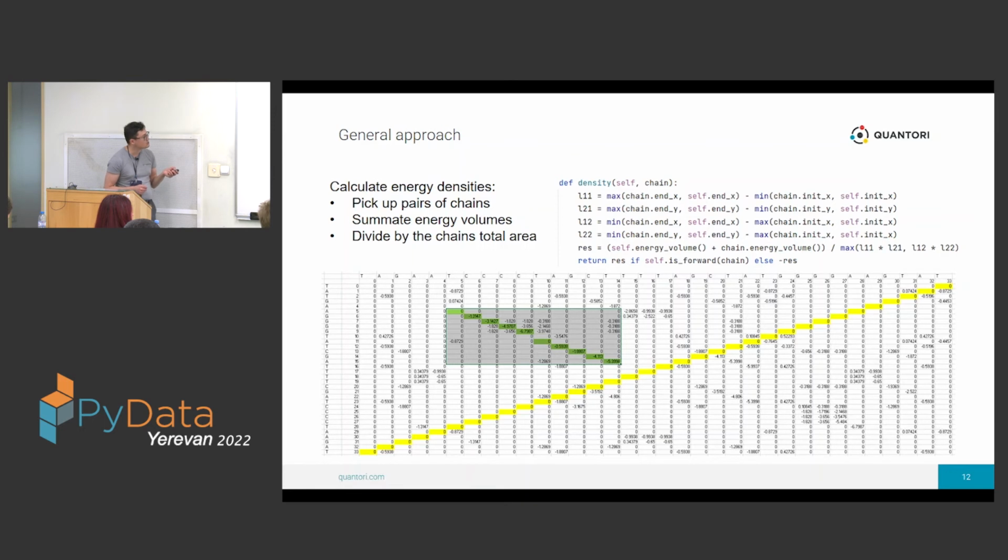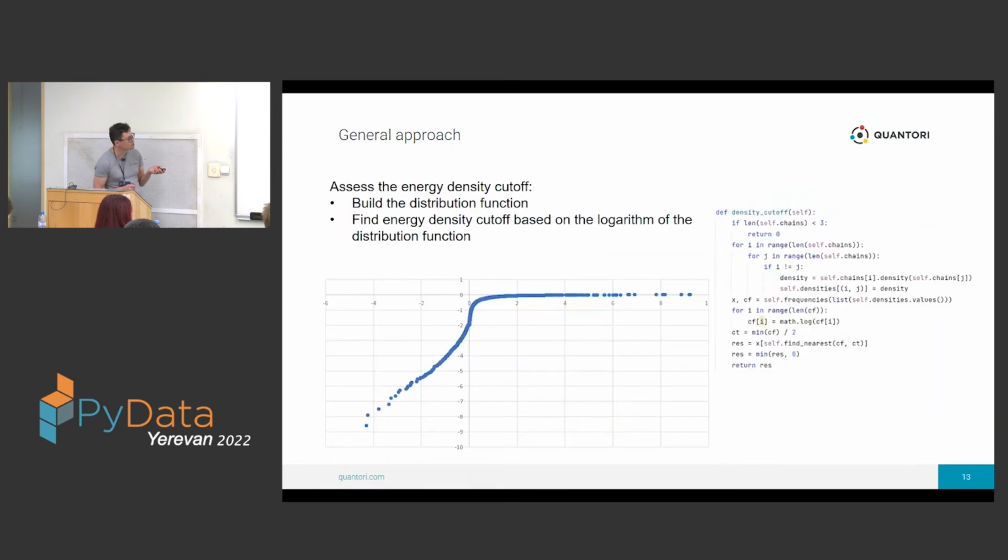And that energy density has its own distribution. It looks like this. And it turned out that the best way to cut off the combinations of chains is to pick up somewhere here, right, out of this distribution. So the combinations which lay here are taken out, and we consider only them for our purposes.